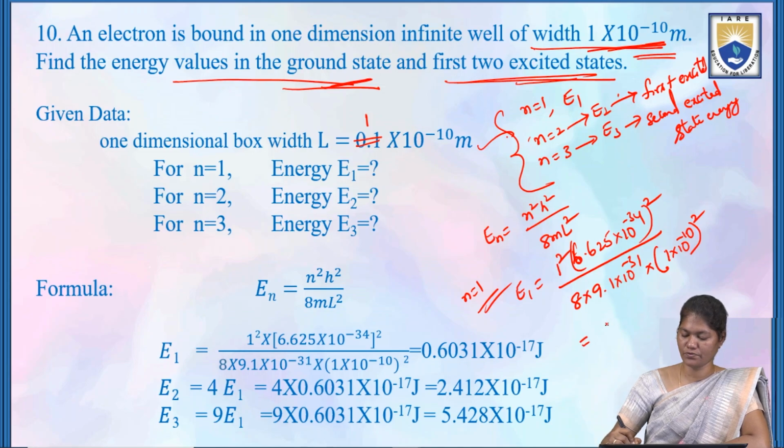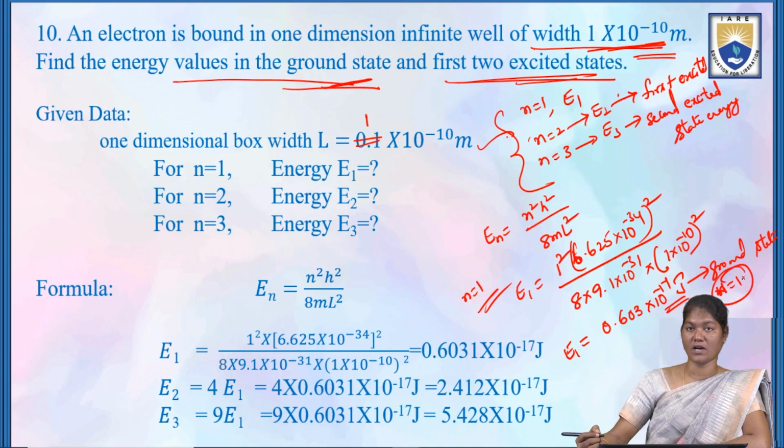So calculating this, we'll get 0.603 into 10 power minus 17 joule. So this is the ground state energy, which we get by substituting n is equal to 1.